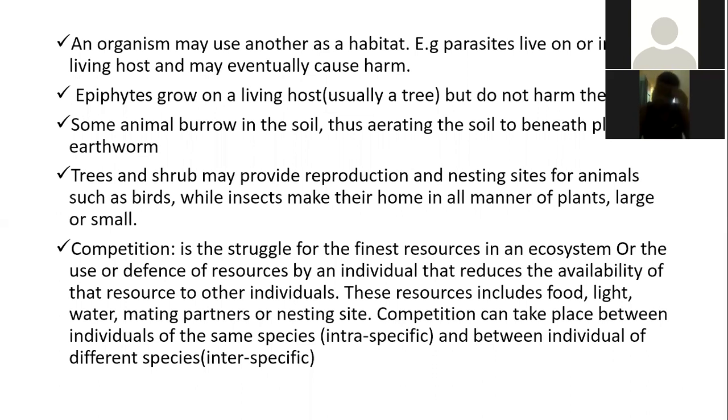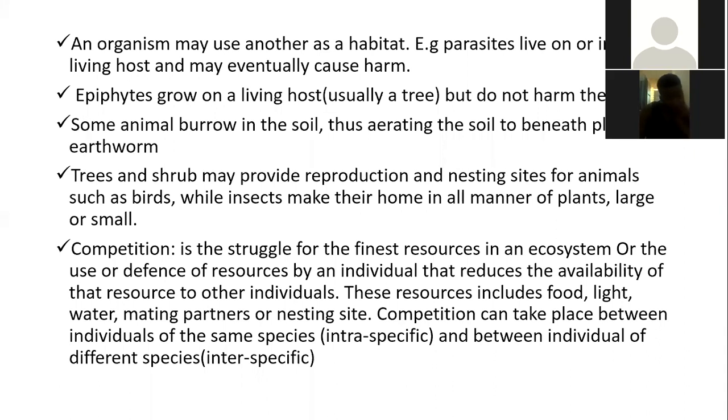Their main purpose there is for support and to reach sunlight. That's all. As I made mention, on the palm tree, you will see that there are some plants attached to them. Those are the plants called epiphytes. The most common one is the fern.